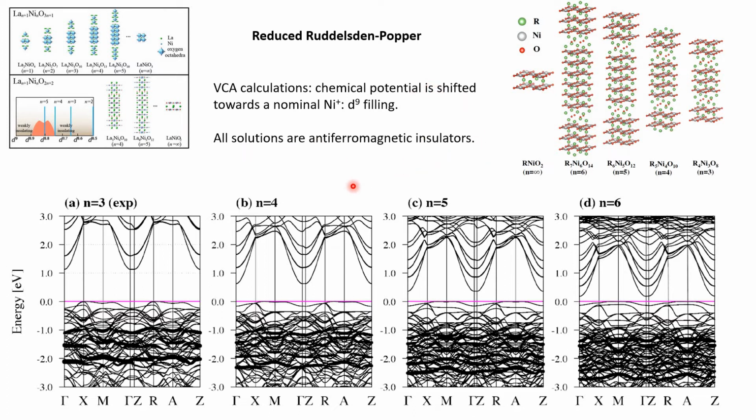We can see here the band structures, they all look very similar, they are gapped, and we see the nickel d x squared minus y squared bands completely occupied, and the main coupling in the plane is, as always, antiferromagnetic. So this reduced Ruddlesden-Popper series has in its phase diagram a point that is an antiferromagnetic insulator, which is at d9 filling, just like the cuprates.